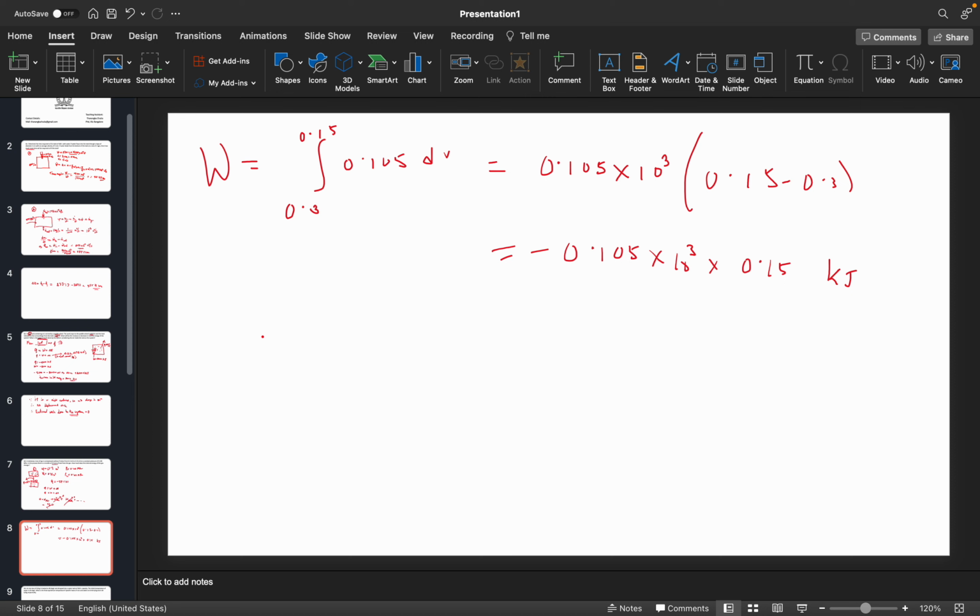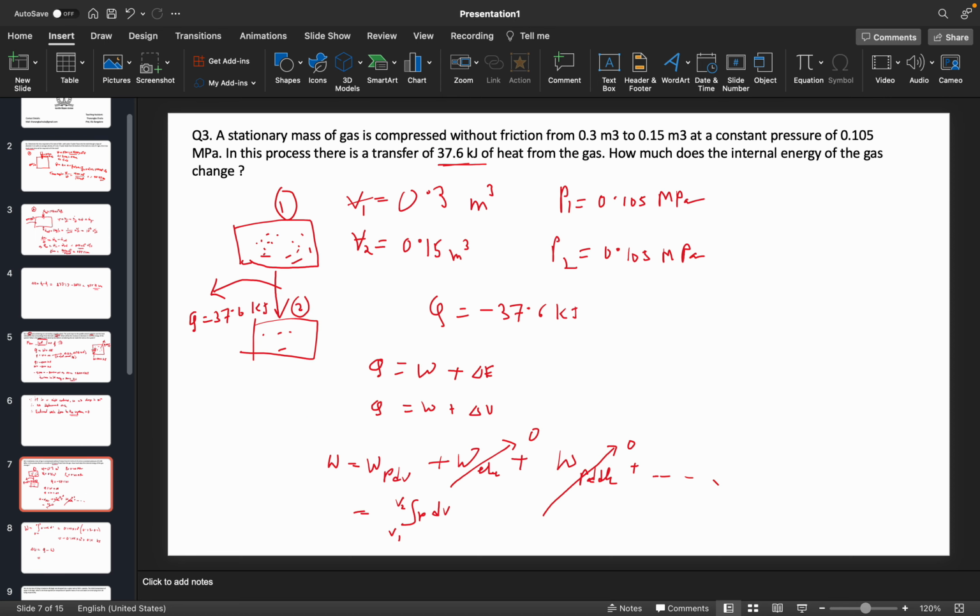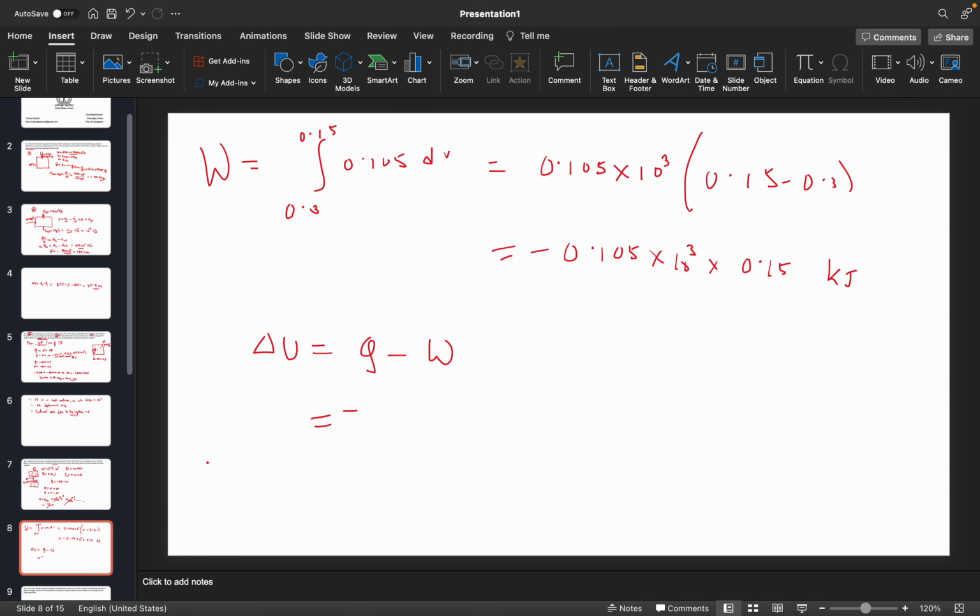Now we just have to calculate delta U is equal to Q minus W. What was my Q? My Q was minus 37.6 kilojoule, and I can calculate W: 105 into 1000 into 0.15, so this will be minus 15.75 kilojoule.